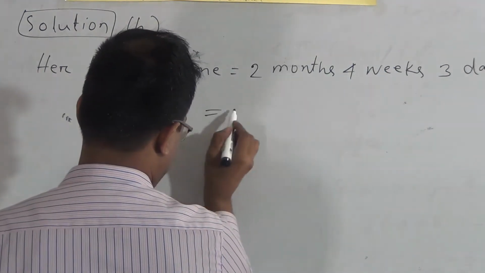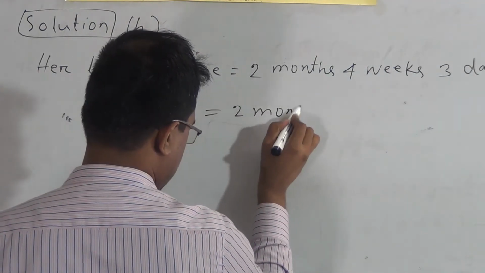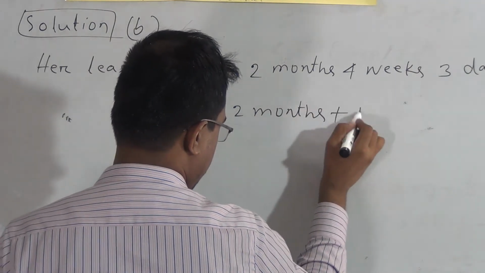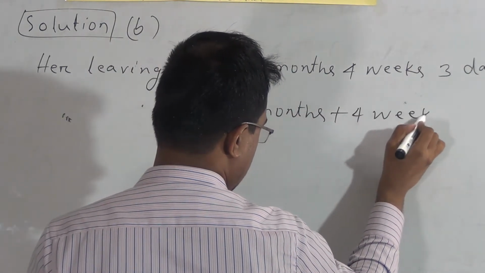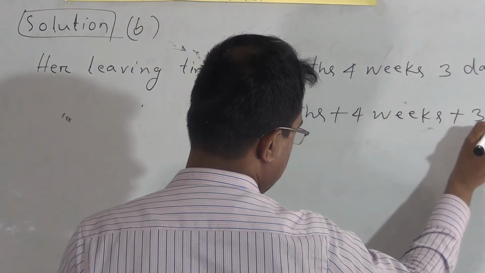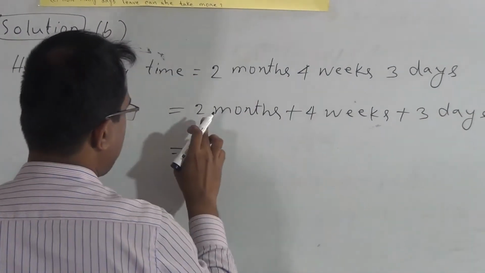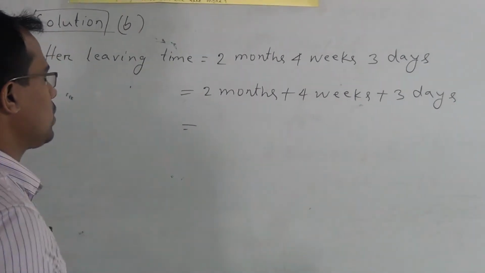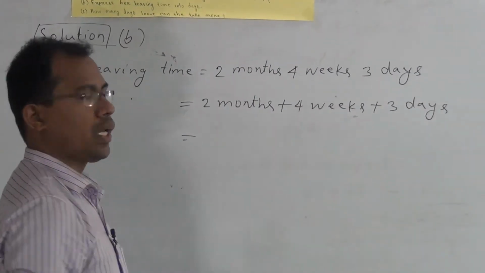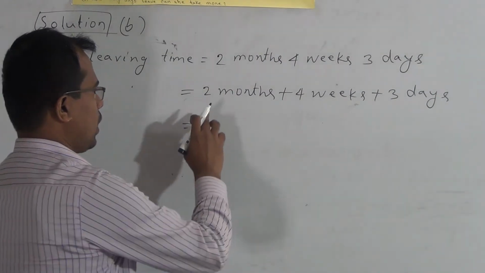This is equal to, we can write, 2 months plus 4 weeks plus 3 days. Now we have to convert these 2 months into days and these 4 weeks to days. Then we add.